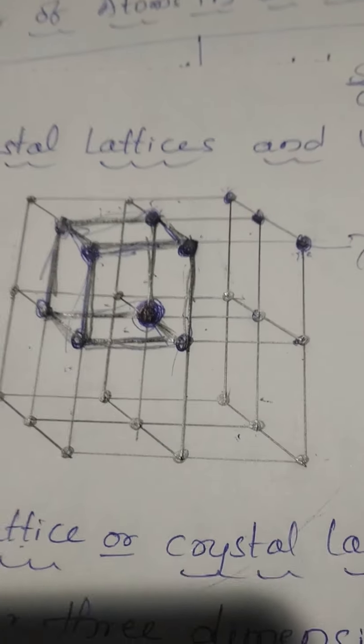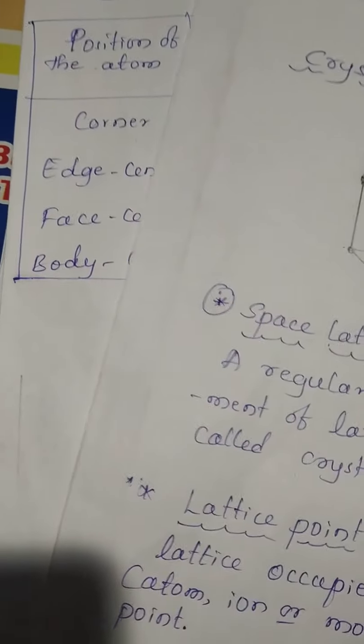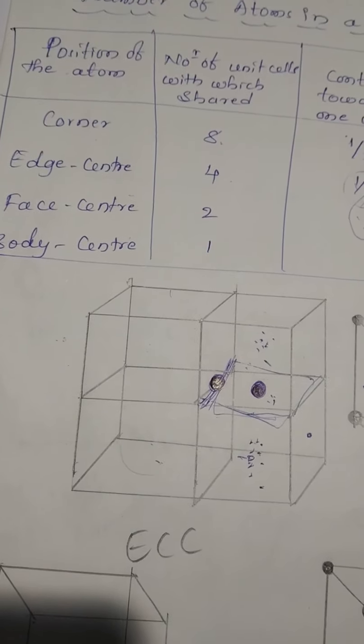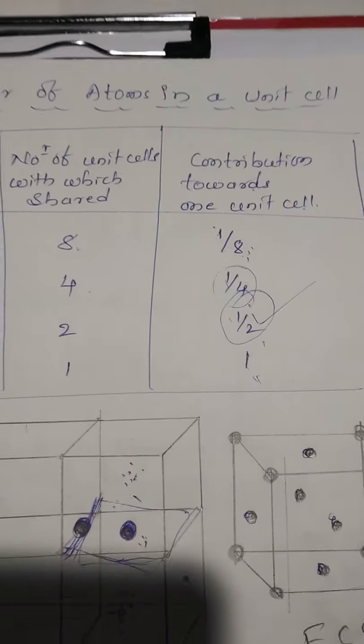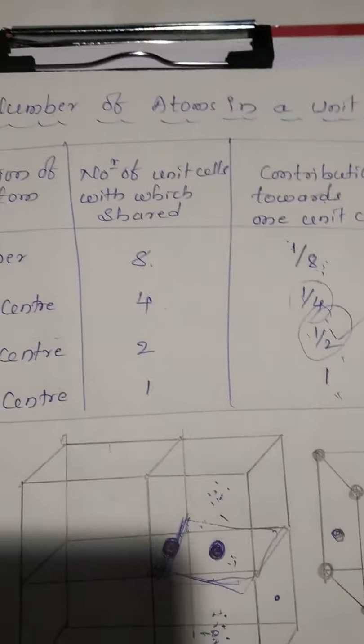If you understood this, you can easily understand the number of particles present in the simple cubic unit cell, face centered cubic unit cell, and body centered cubic unit cell.